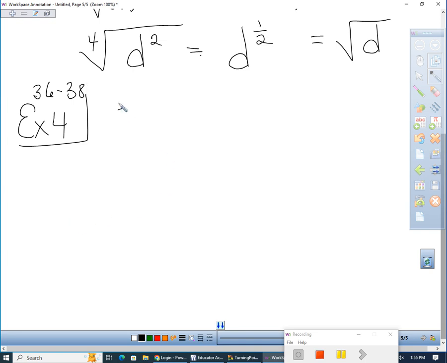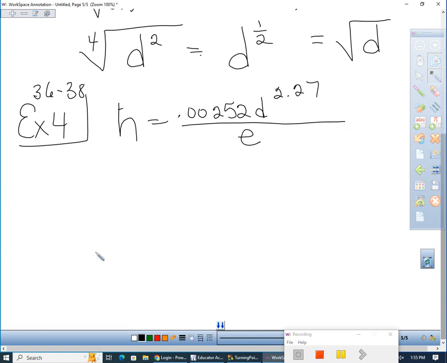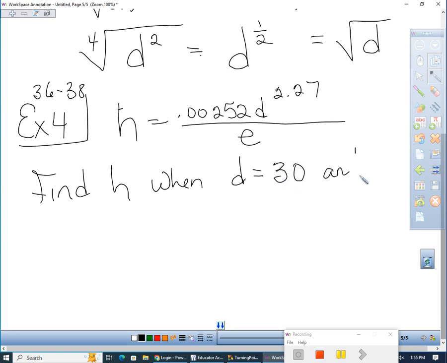If you are given an equation, h equals 0.00252d to the 2.27 all over E, and I ask you to find H when D equals 30 and E equals 5, what do you think you're going to do with those two values? Plug them in. So you're going to grab your calculator and type this in.